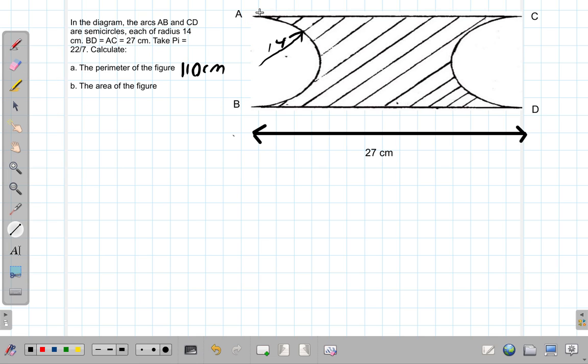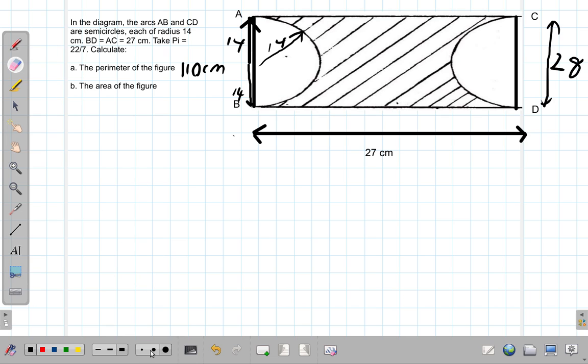Suppose we imagine that the circle was not cut out and we had a full rectangle. What would be the area of that rectangle? You know, if this is 14, and from the center going up would be 14, and from the center going down is another 14. So the height of the entire thing is 28. 14 and 14. Let me write the 28 over here. We have a little more space over here.